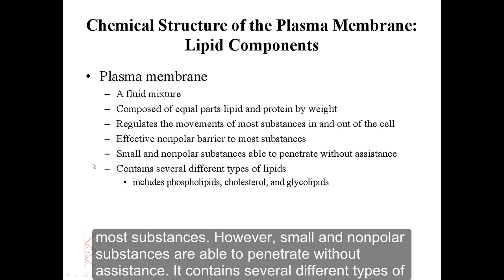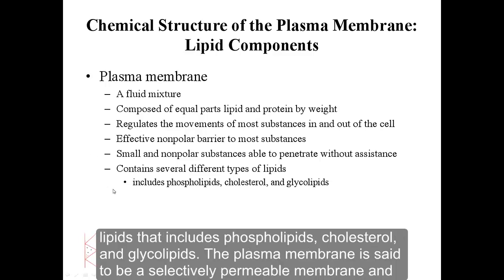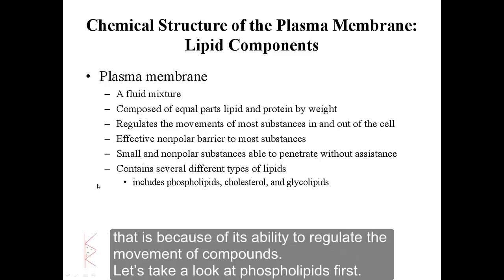It contains several different types of lipids. That includes phospholipids, cholesterol, and glycolipids. The plasma membrane is said to be a selectively permeable membrane, and that is because of its ability to regulate the movement of these substances.